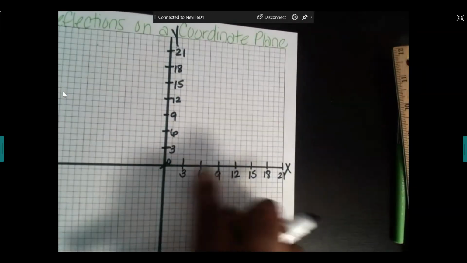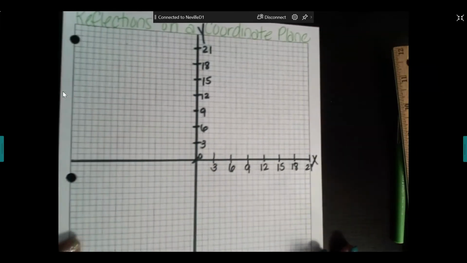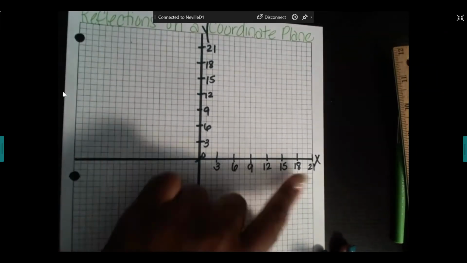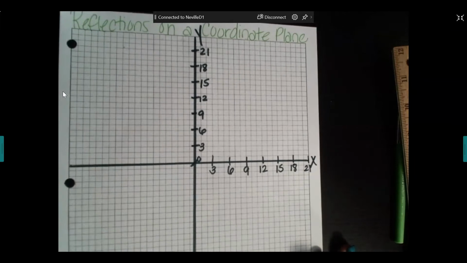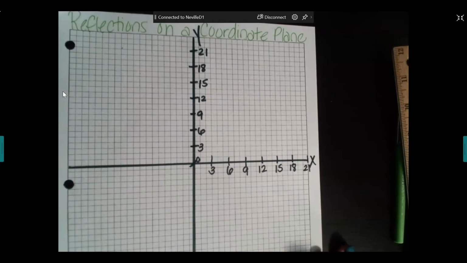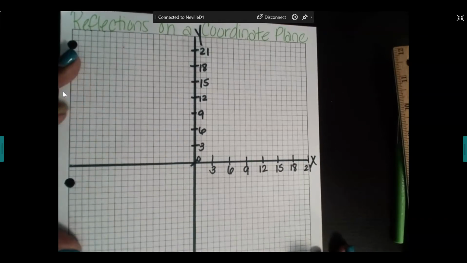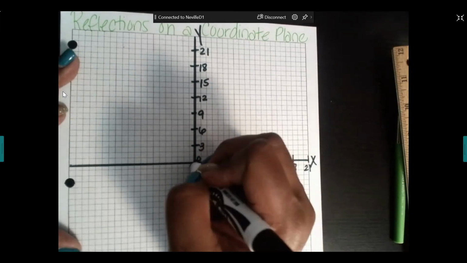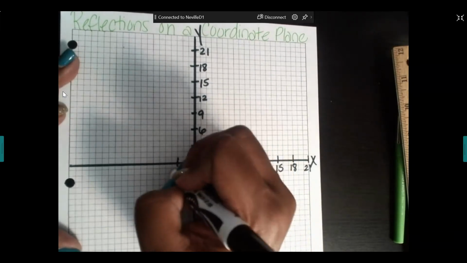Now I'm going to the left of the 0. And we want to remember this is just a number line. That's all it is. So when we go to the left of the 0, our numbers become negative. Okay? Counting 3.